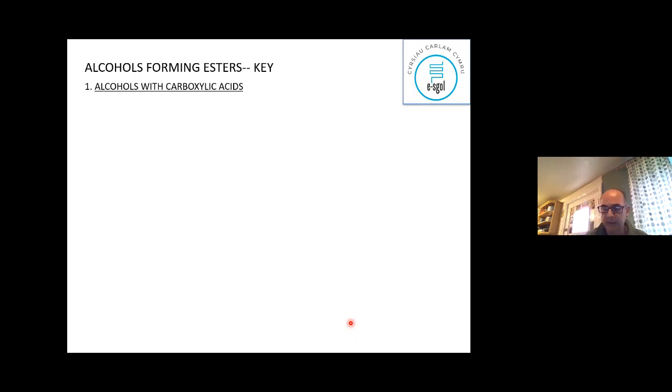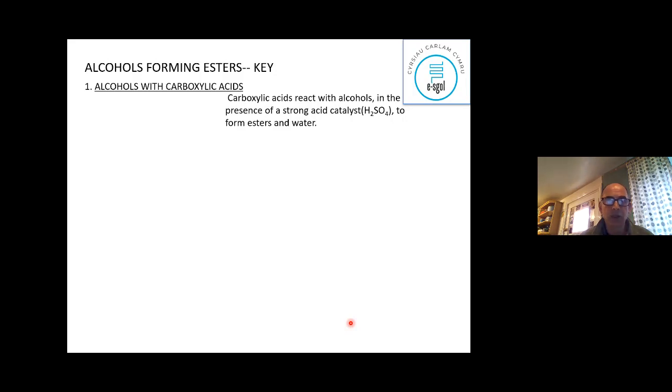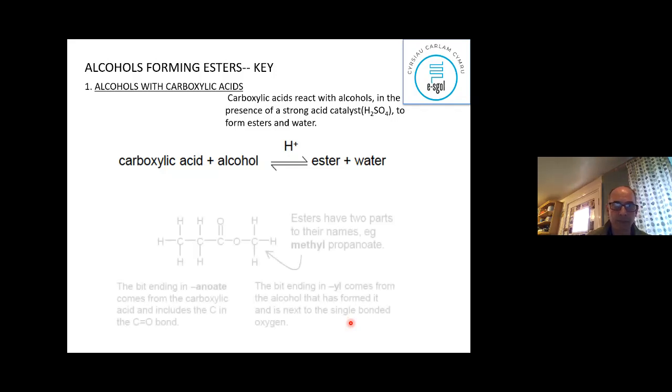Forming esters. Now this is key. A lot of assessment questions use the forming of esters and isomers of esters. Carboxylic acids react with alcohols in the presence of a strong acid catalyst, sulfuric acid, to form esters and water. It's a reversible reaction.